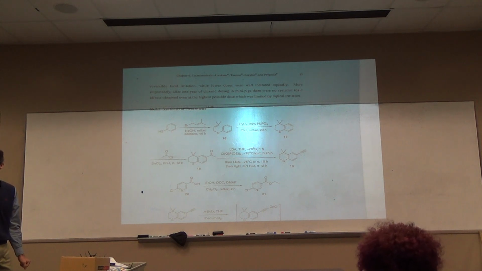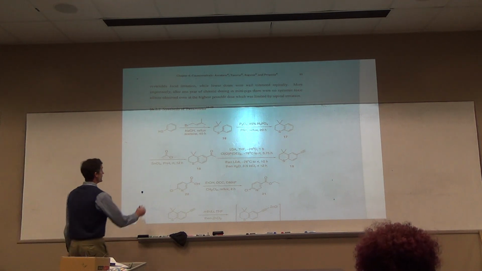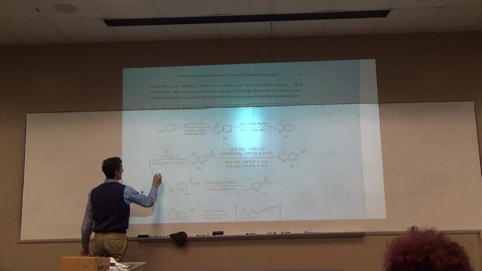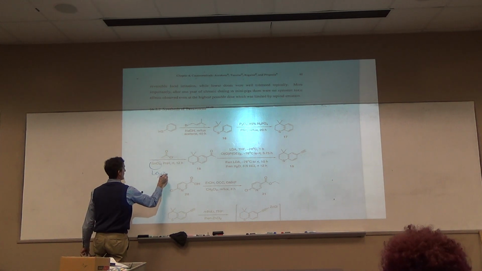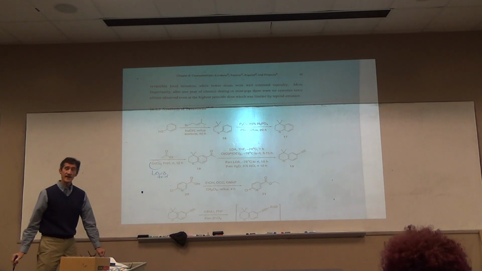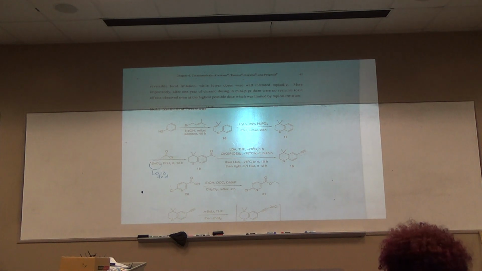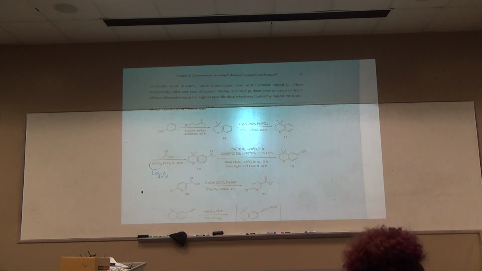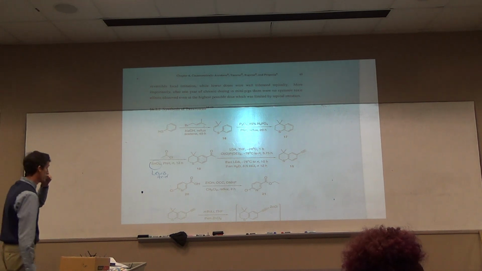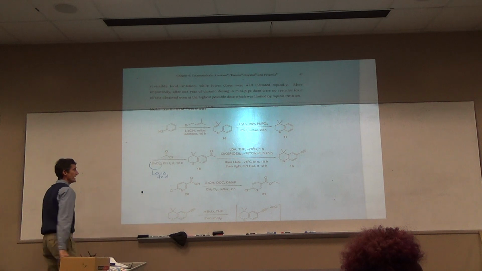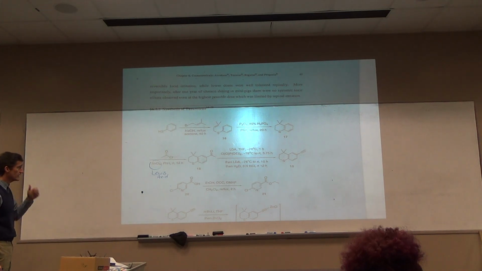It's a Friedel-Crafts acylation. They're using tin chloride. This is the Lewis acid, analogous to AlCl3. Tin 4, good buddy. Tin 4 chloride. This is a tin 4 Lewis acid. It's not as strong as AlCl3, but it's sometimes used.